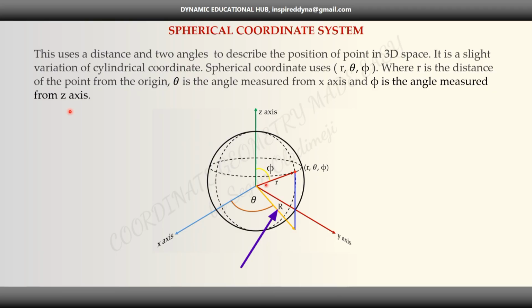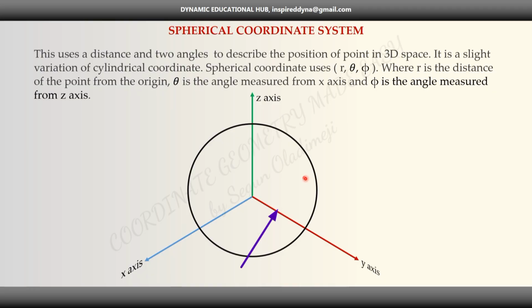Now to get a better understanding of that, we have our x, y, z axes as shown. Now this is a sphere. We want to describe the position of this point as shown. Recall that from longitude and latitude, we have this diagram as shown.